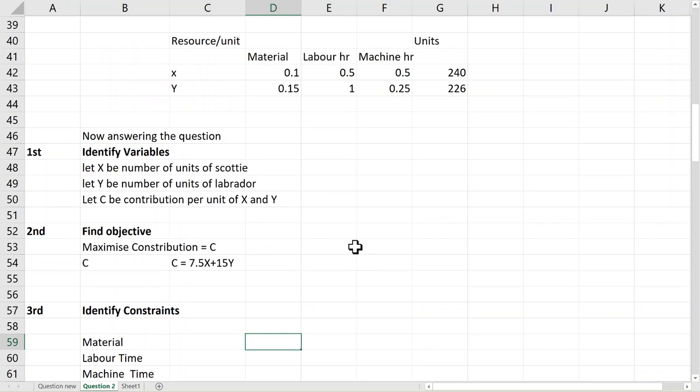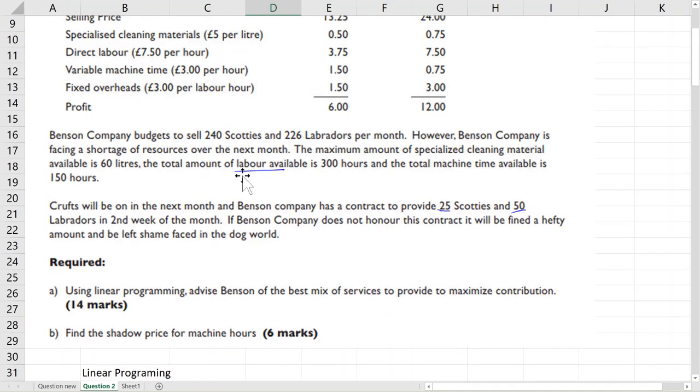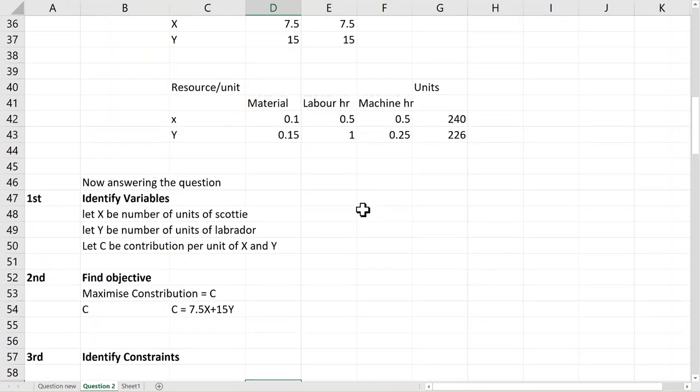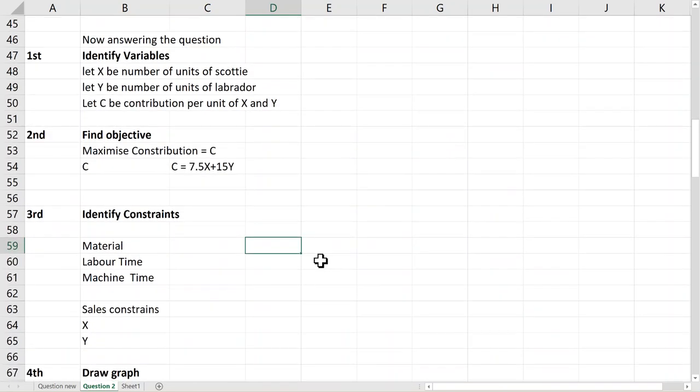We had a material constraint, maximum available 60 liters, and the usage is 0.10 and 0.15. So 0.10x + 0.15y is less than or equal to 60.